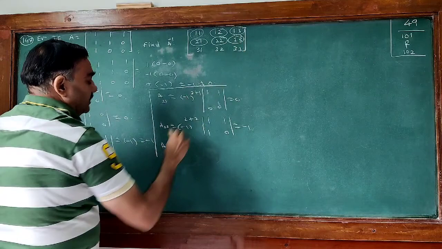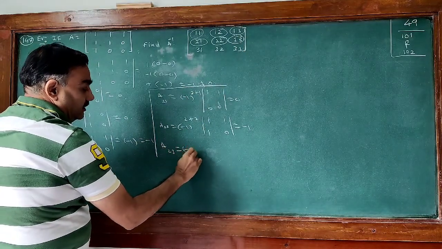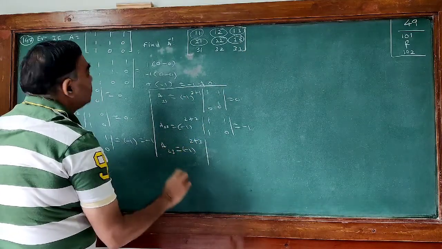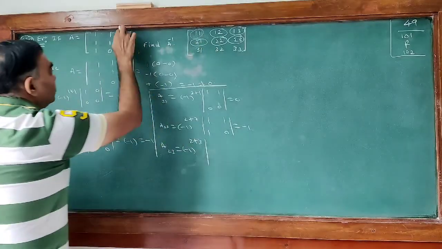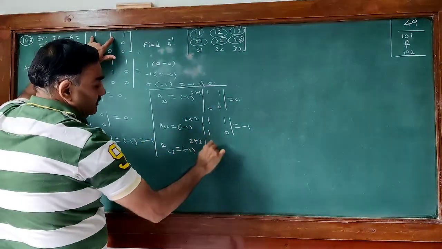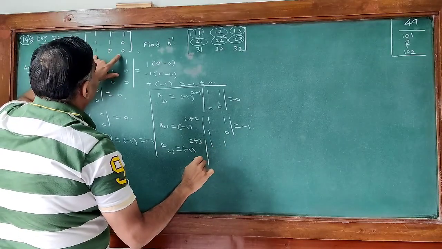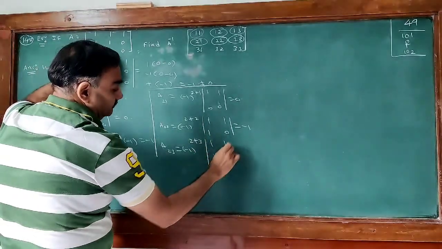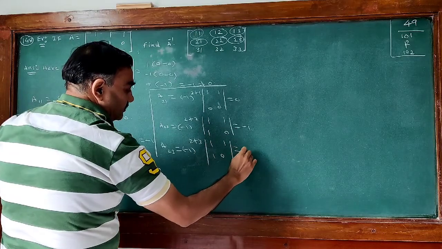Then we find A23, minus 1 raised to 2 plus 3. We are not taking this row and this column, so it is 1 1, 1 0. So it is plus 1.